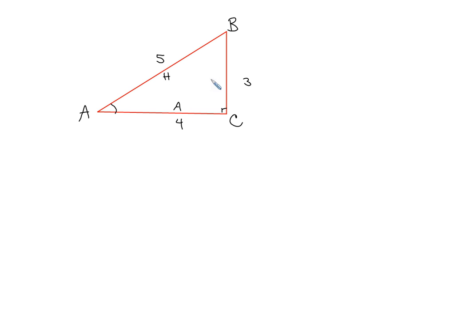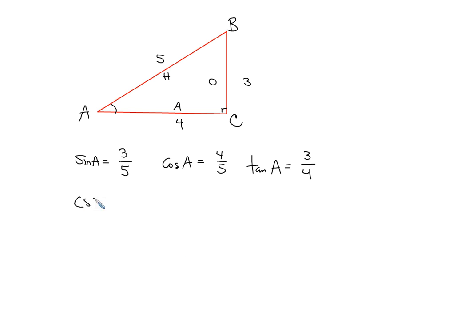I would label those, guys. It makes it so much easier if you label them opposite, hypotenuse, adjacent. So if we want to find sine of A, it is going to become what? Opposite over hypotenuse. Cosine of A is what? Adjacent over hypotenuse. Tangent of A? What over what? 3 over 4. Opposite over adjacent.